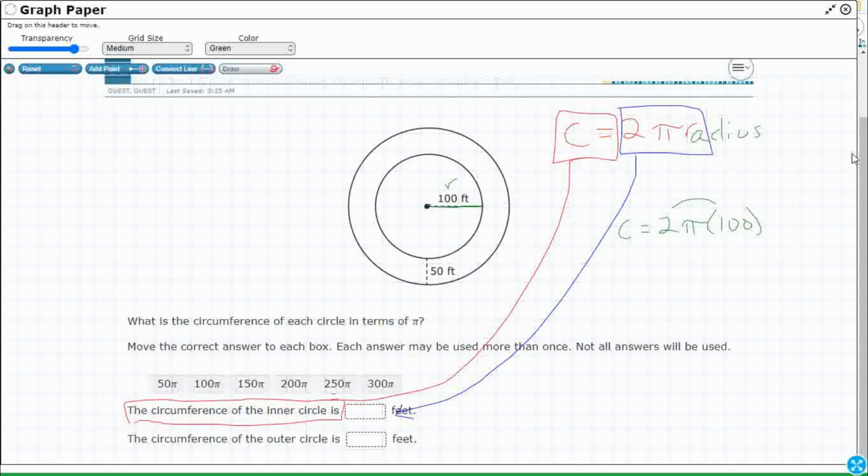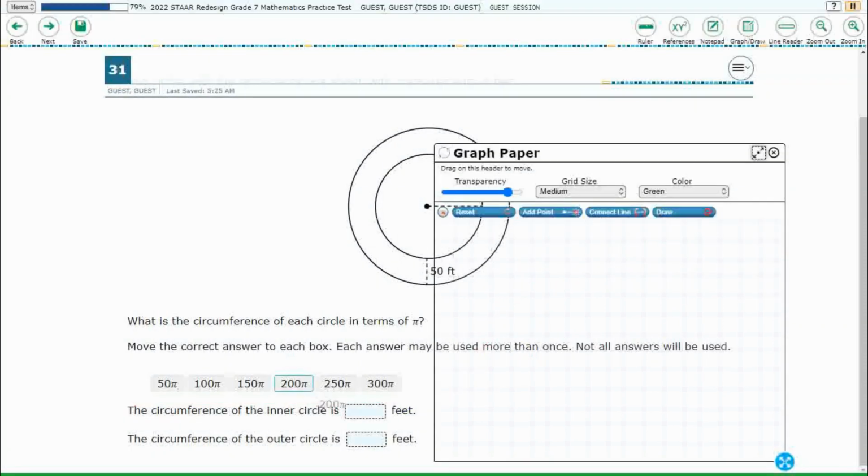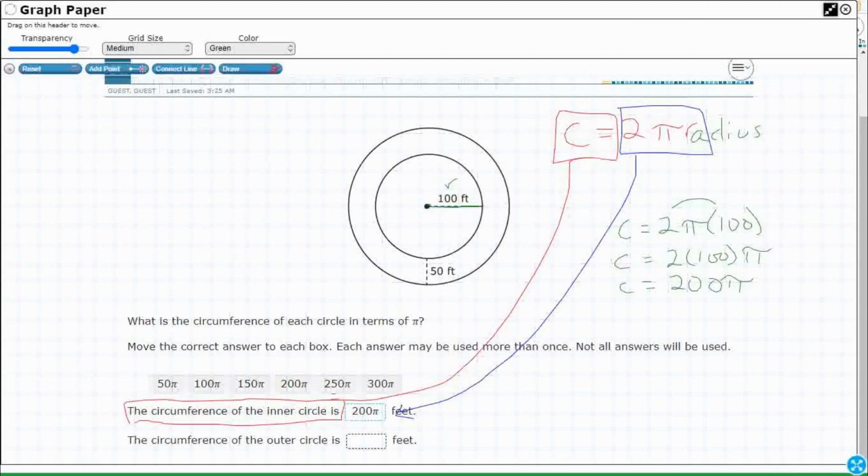It's 2 times pi times 100, but we can multiply 2 times 100 if we use the associative property and rearrange our factors. 2 times 100 equals 200. We don't necessarily multiply the pi. We can leave that there because that is a symbol we are very familiar with. So there we go, we've got our 200 pi. We just drag that in there. It's pretty simple.